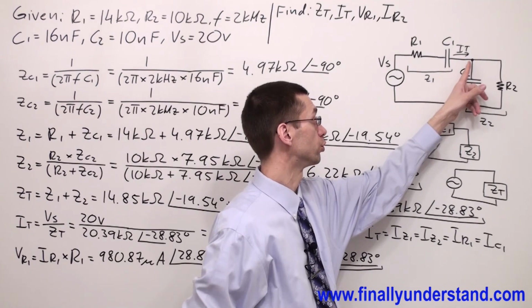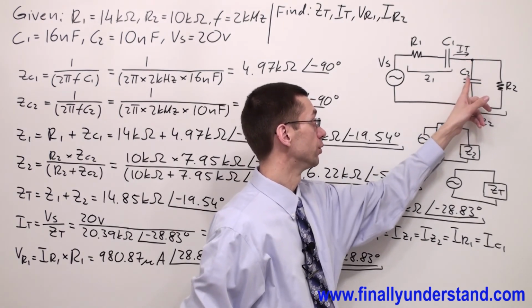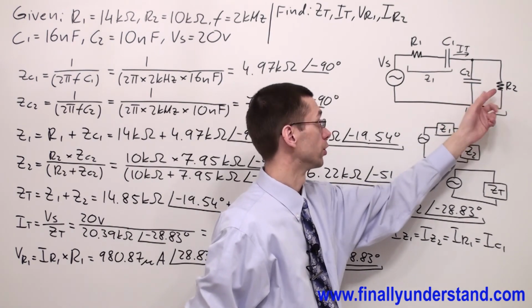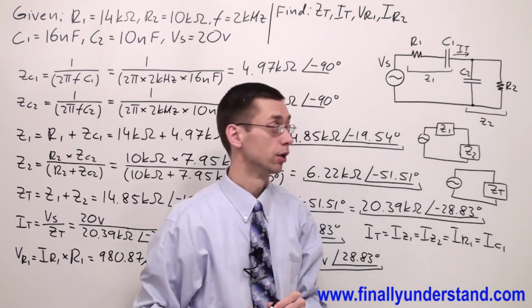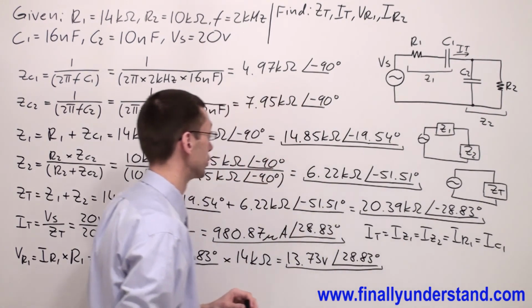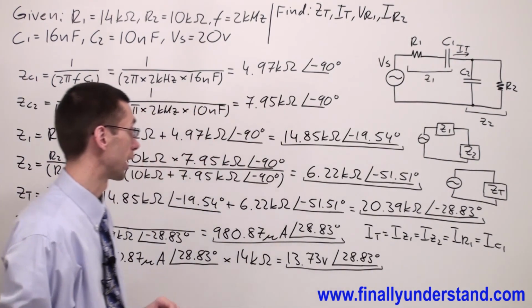At this point, it is going to split into the currents IC2 and IR2, okay? Remember that the parallel circuit is going to divide the current. That's why I'm going to use the current division law. Why am I going to use the current division law? Because I want you to practice it.